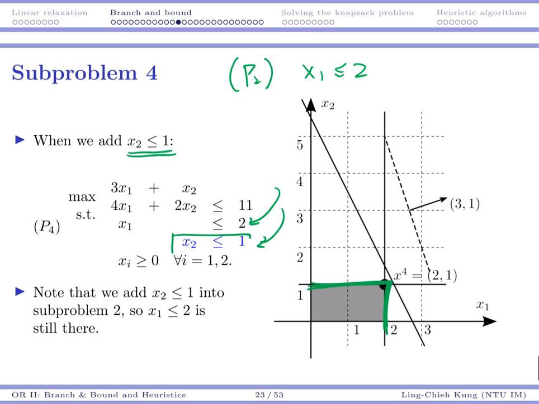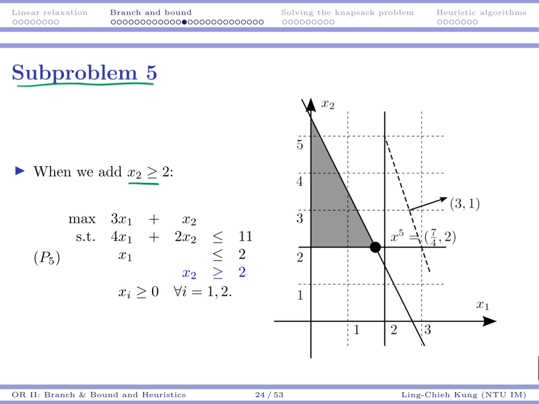For P4, we add one additional one. So now x1 is less than or equal to 2, and x2 must be less than or equal to 1. Once we solve the linear relaxation, the optimal solution x4 would be (2, 1). This is an integer solution. That's very good.